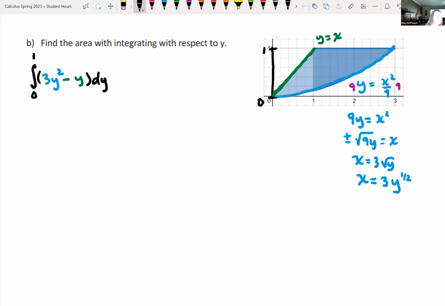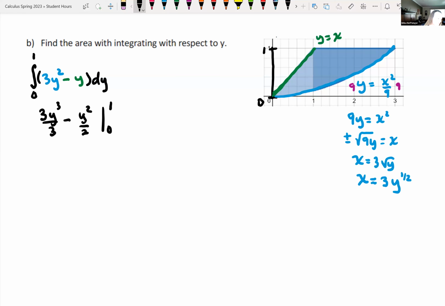Okay, so now we're just going to add 1 to our exponent. So we have 3y cubed over 3 minus the antiderivative of y, which is y squared over 2. And we're evaluating this from 0 to 1.